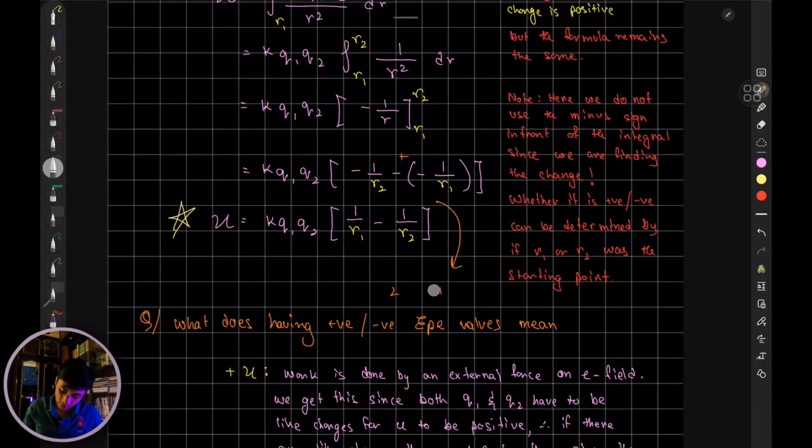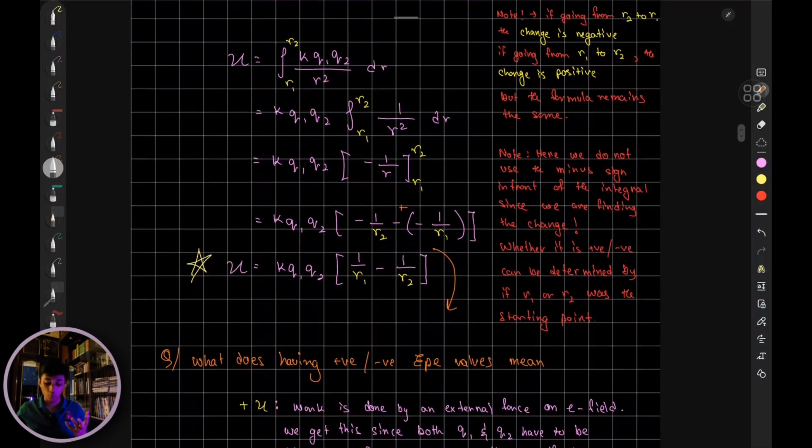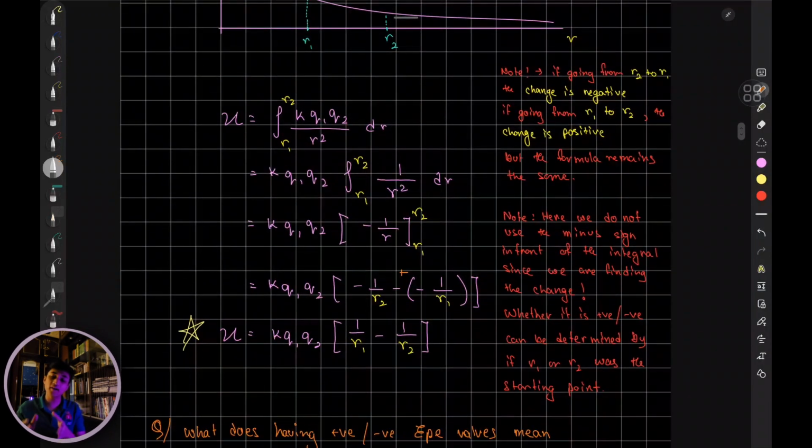If you do that, you're going to be left with 1 by r1 minus 1 by r2. Mind you, r1 can be either the initial position. You can consider this as r1, you can consider this as r1 as well. It doesn't really matter. Why? Because depending on where you're moving from and to, your sign is going to vary accordingly.